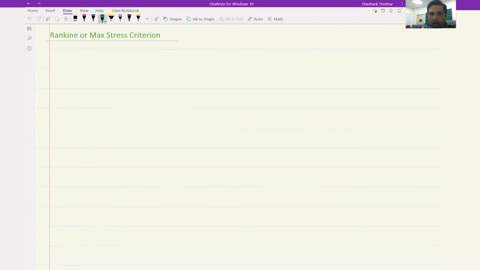Actually, this particular criterion is not about yielding, it is about failure. But let's say it is about yielding. So yielding will occur when the maximum principal stress at any point reaches the yield strength.